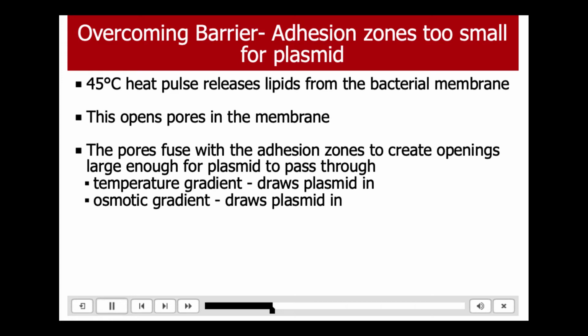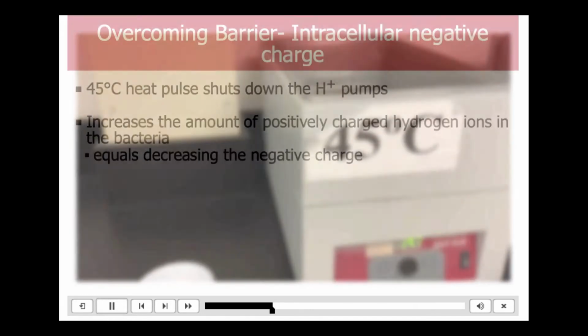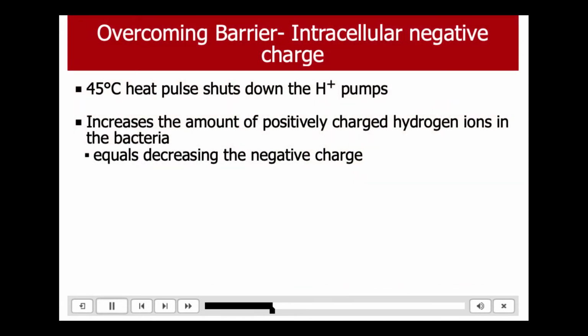By opening up larger holes in the membrane, it allows the cell to try and equalize this gradient. So this will also help to draw the plasmid in as water flows into the cell down the osmotic gradient. The incubation at 45°C, or the heat pulse, is an important step in overcoming the barriers to transformation.